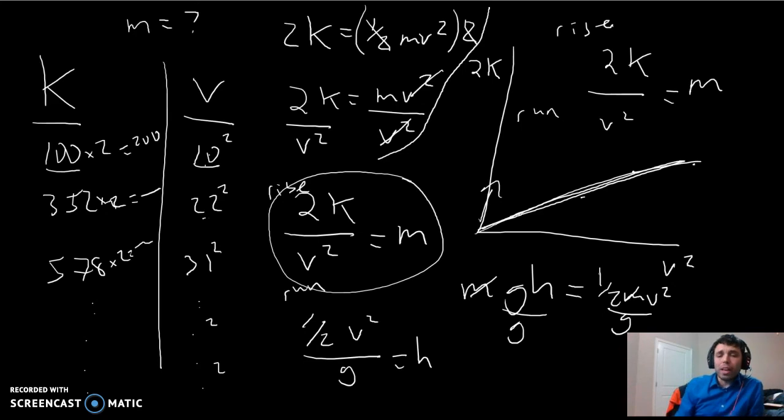Well, if I could plot a graph where on the y-axis it was 1/2 v squared, and on the x-axis it was g, and then get a line, the slope of that line would be the height, because we proved it here. We make this the rise, make this the run. This could work for anything. I'm just giving you examples of how we could use this technique.